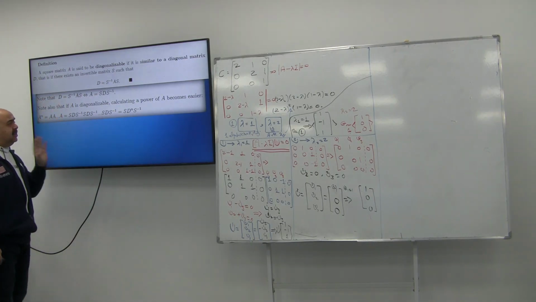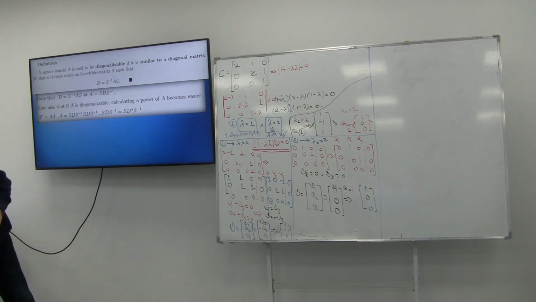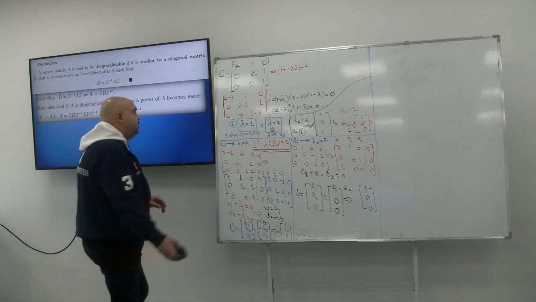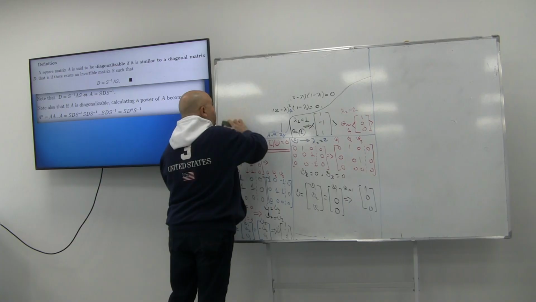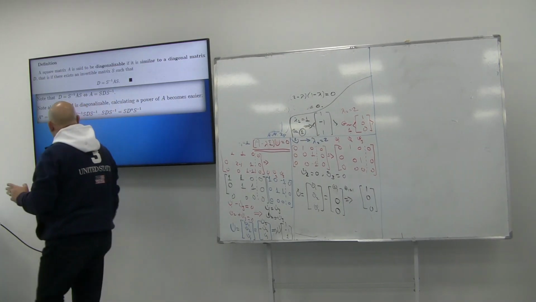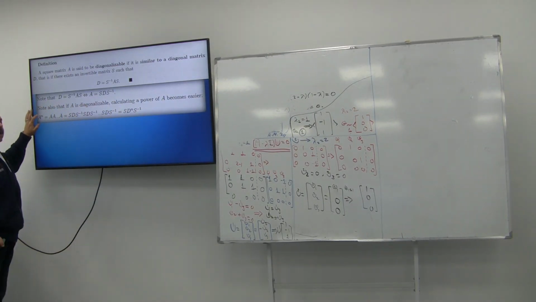One of the greatest advantages of using diagonalizable matrices and taking advantage of the similarity is that if I have A to the power of n, it's not going to be easy to deal with.